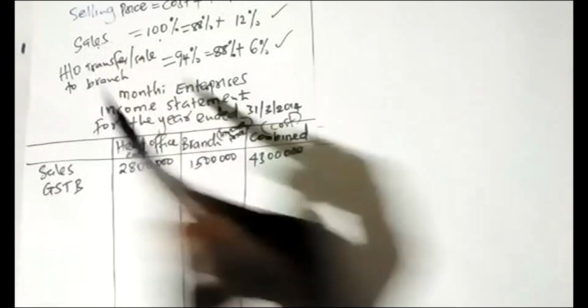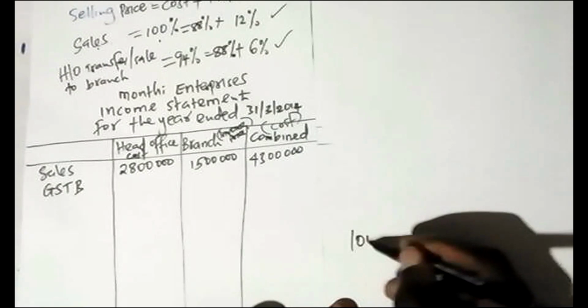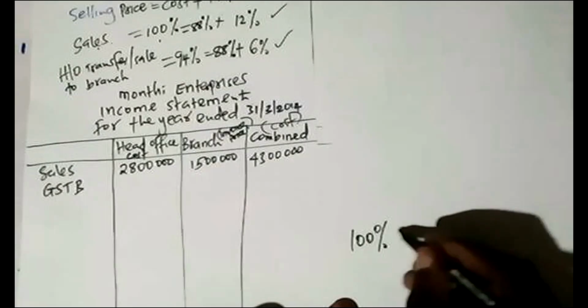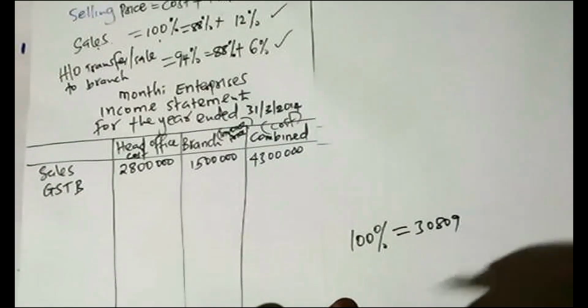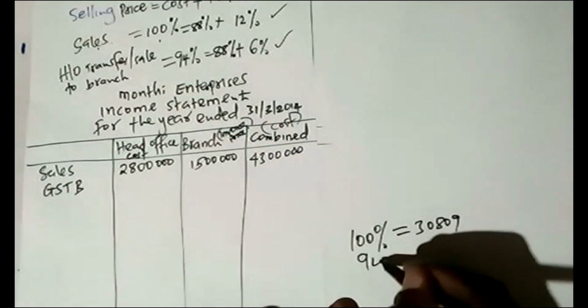The sales, I said, can be to third parties at 100%. So these goods of 3,809 were being sold to the public. Then they were being dispatched to the branch. And we know that goods dispatched to the branch are supposed to be dispatched at 94%.